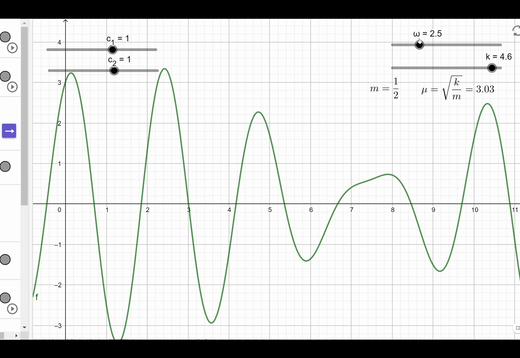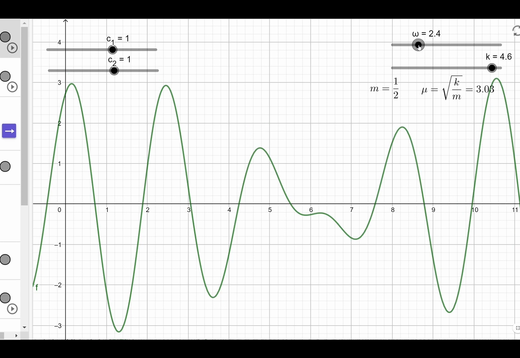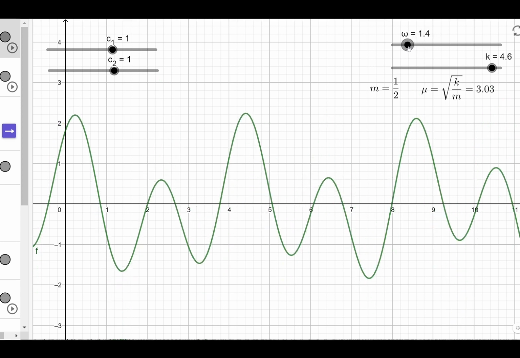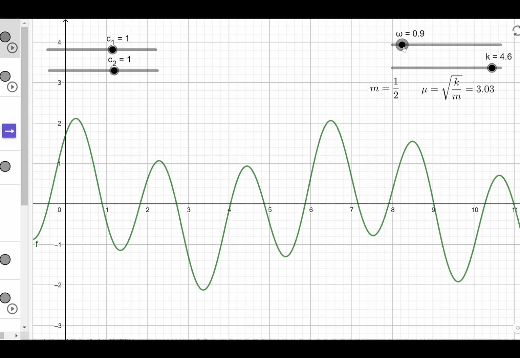So here we've got the homogeneous system oscillating more frequently, or faster, than the forcing term. Let's slow the forcing term down and see what happens. As you take the forcing term down, you don't see it so much. You really see this 3.03, the mu period, is the distance between these peaks.